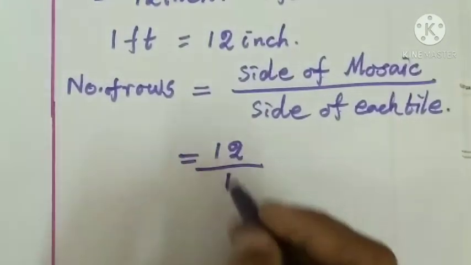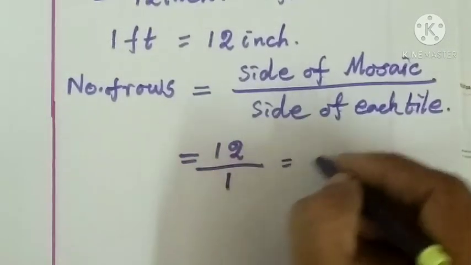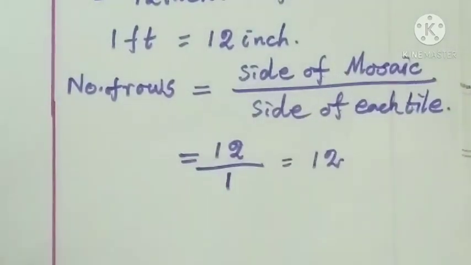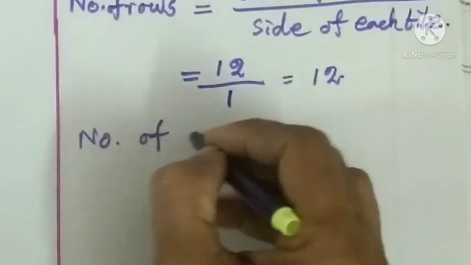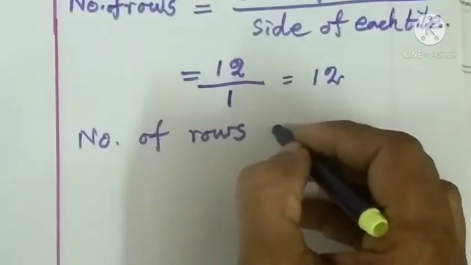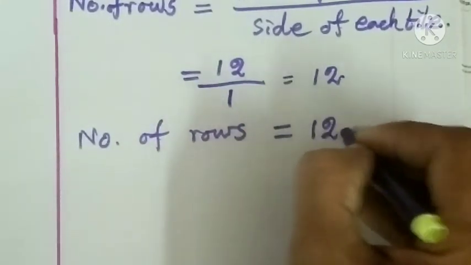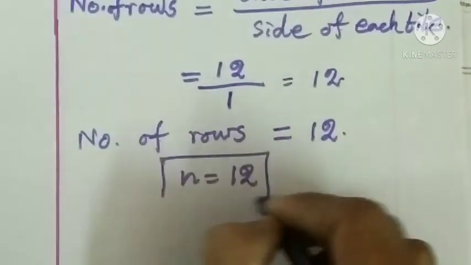Therefore 12 by 1, we get 12. Therefore number of rows is equal to 12. That is, the value of n is equal to 12.